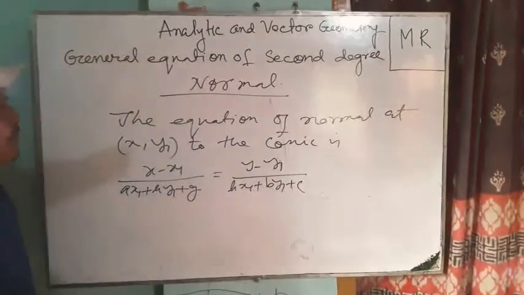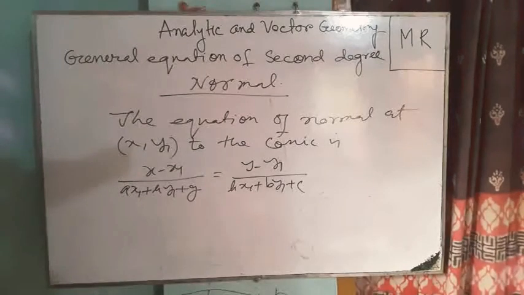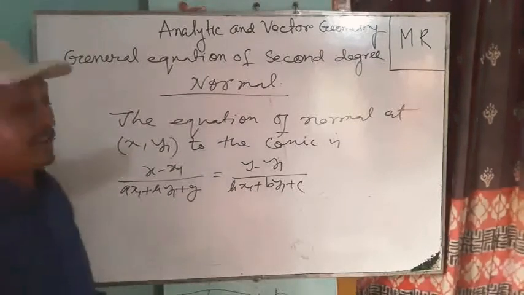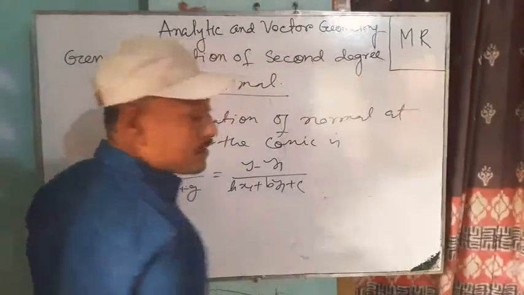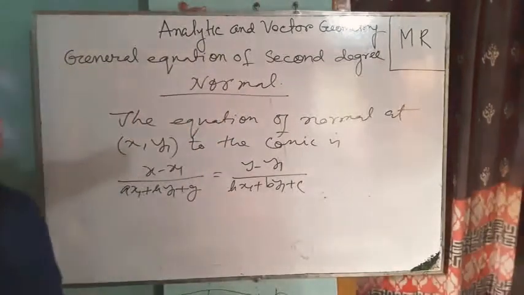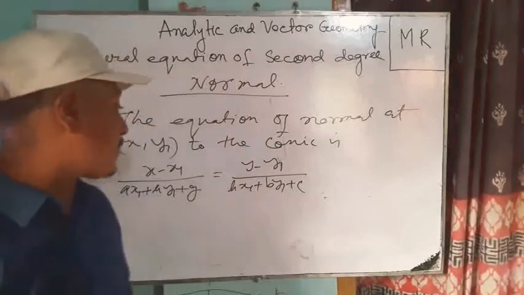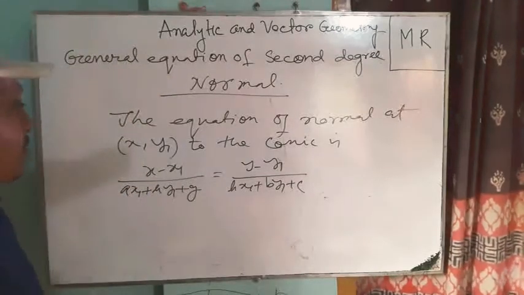This is the equation of normal at the point x1 y1 to the conic ax square plus 2hxy plus by square plus 2gx plus 2fy plus c equal to 0.